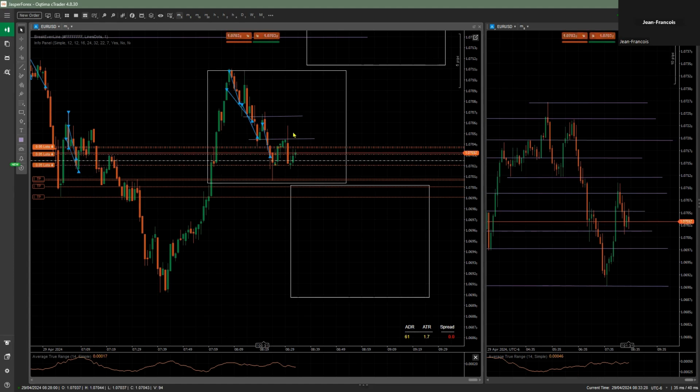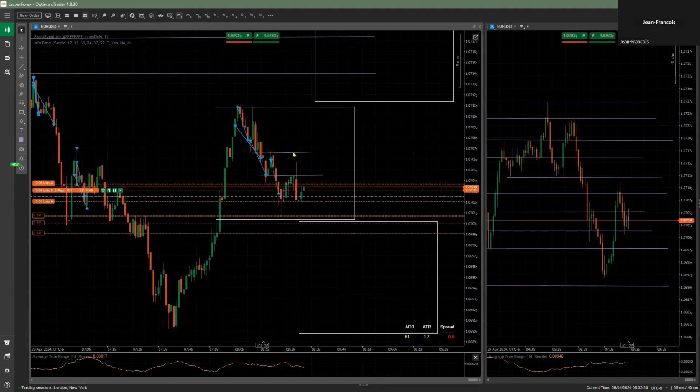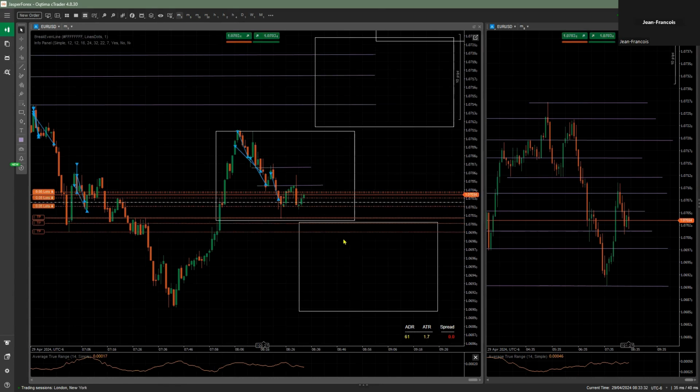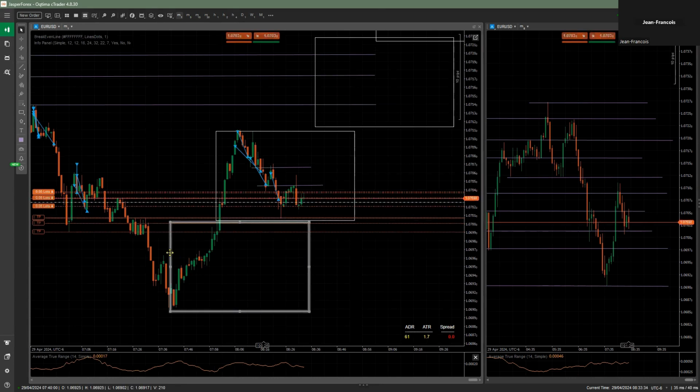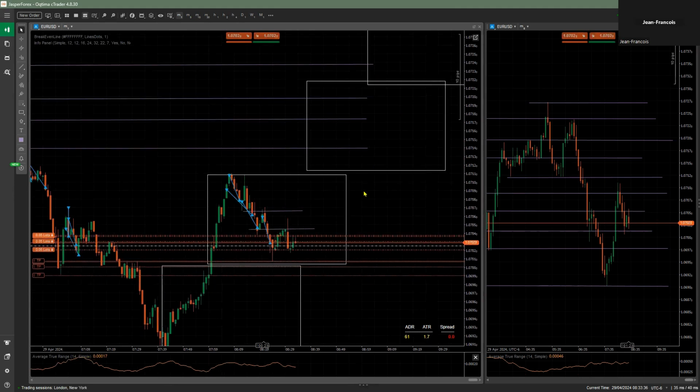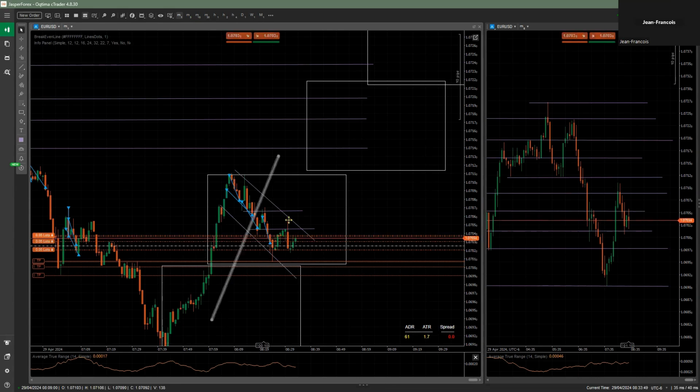And this is starting to look a little bit like a flag. And so there is a potential for, you know, a break higher. I'm looking at this, something like so. And then if we have a flagpole, something like this, then we could potentially go up here.